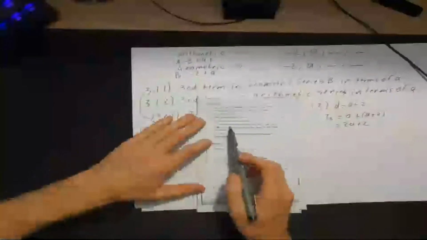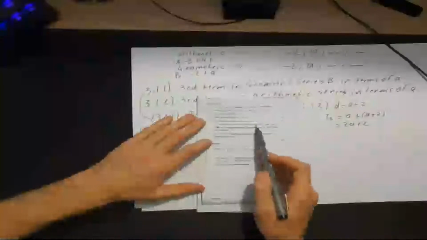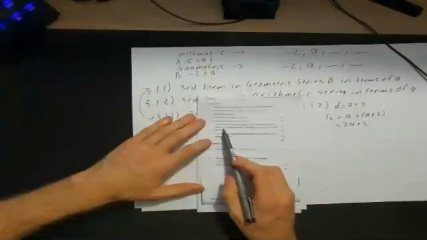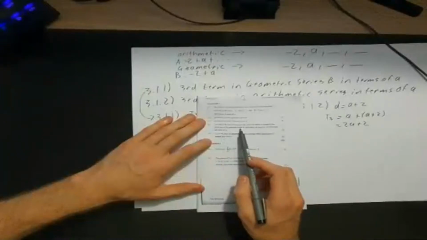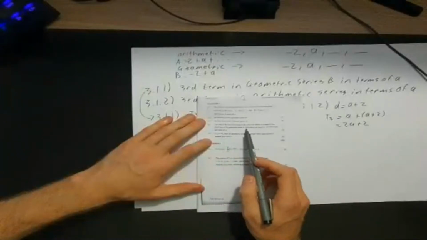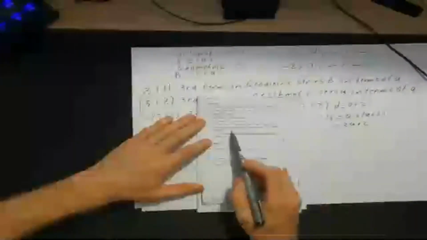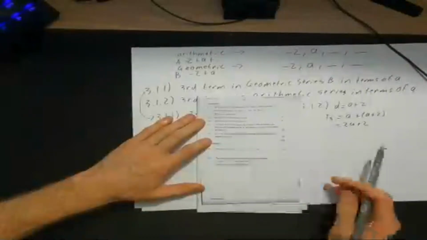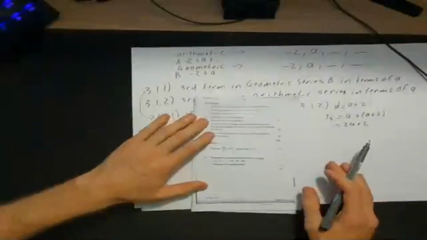Let's read it. It says the sum of the first 3 terms in the arithmetic series A is equal to the third term of the geometric series B. Write down the equation and determine the value of A. Find the value of A. Now remember that.